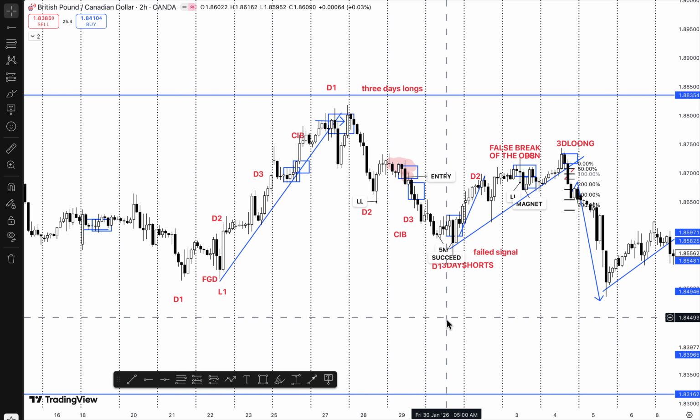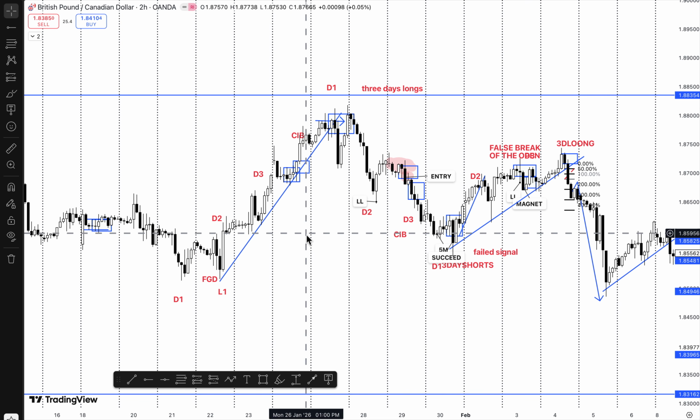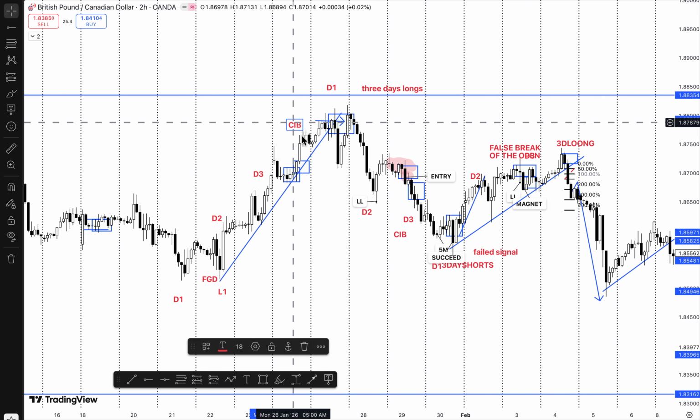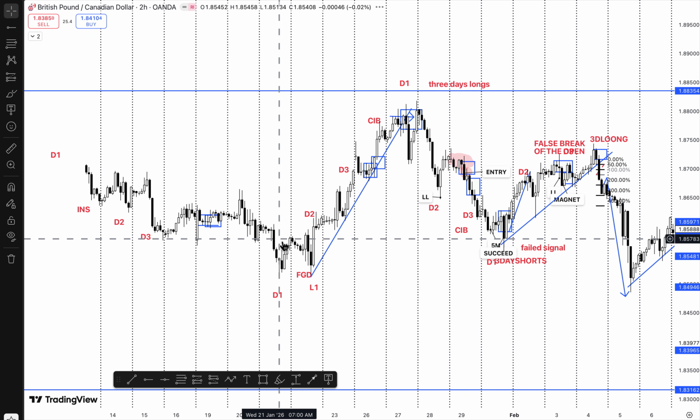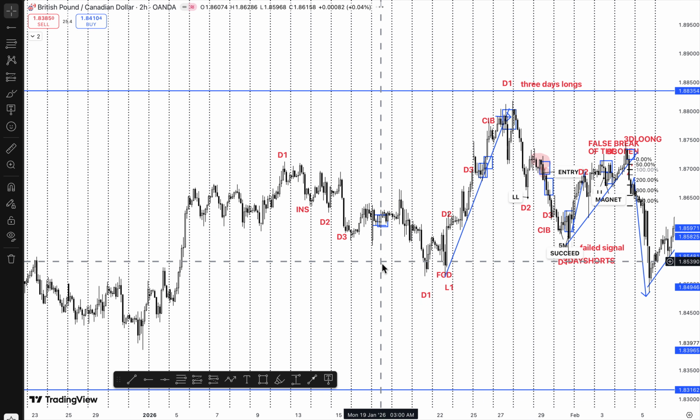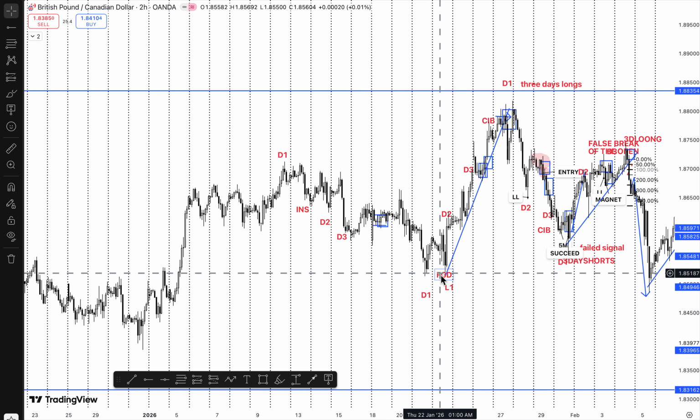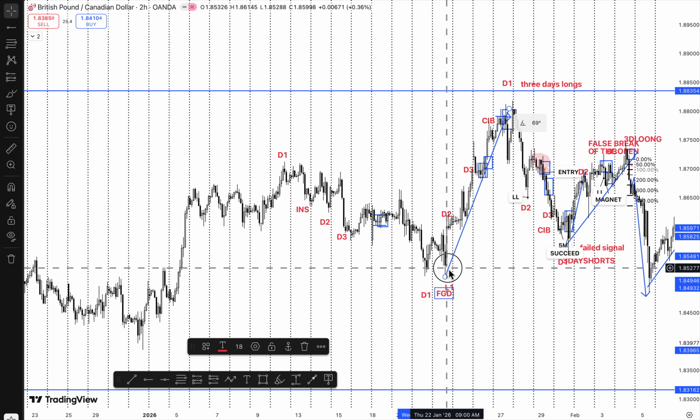So now my job is to continue identifying setups and making sure that I do not make terrible mistakes. So we have here a low of week FGD.